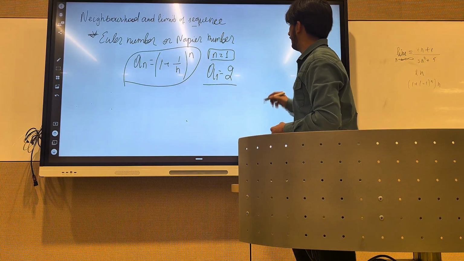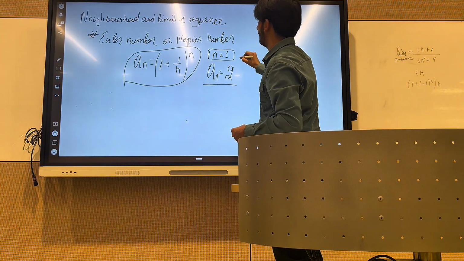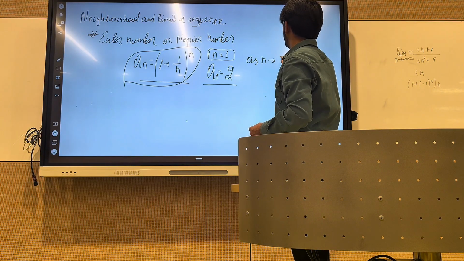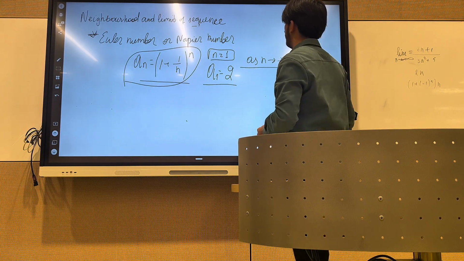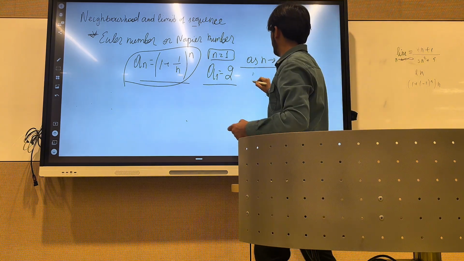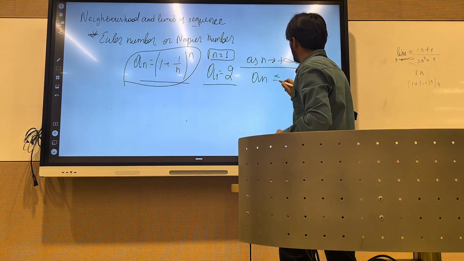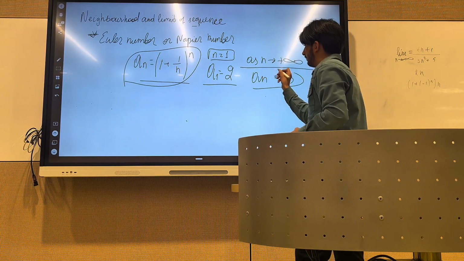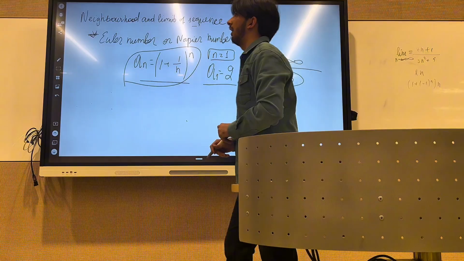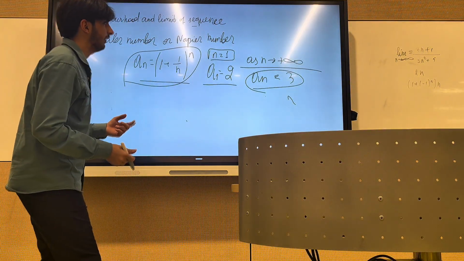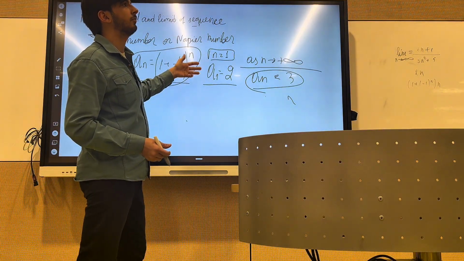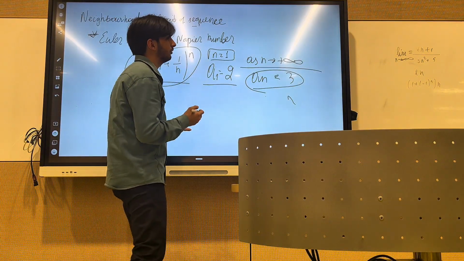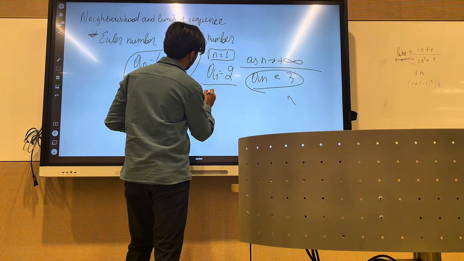So, as n goes to positive infinity, our sequence is bounded from above by 3. And approximately, this situation leads to the creation of the number e.